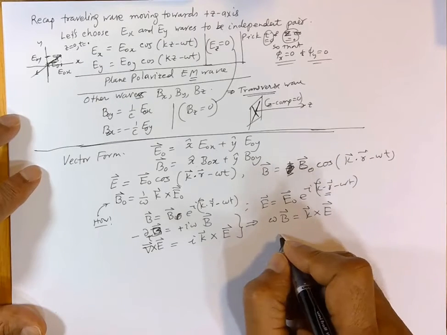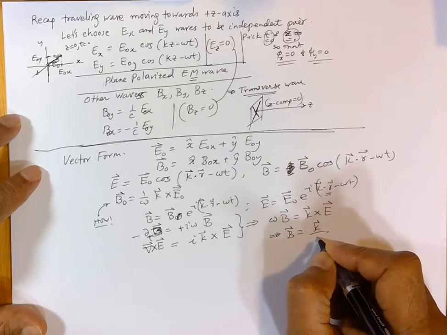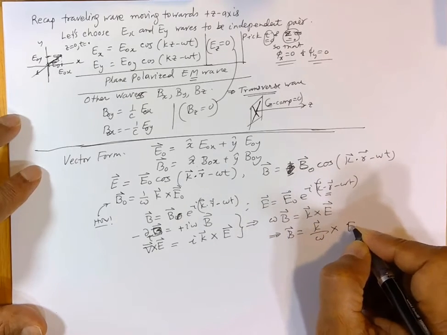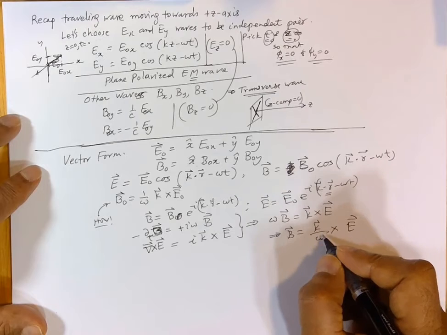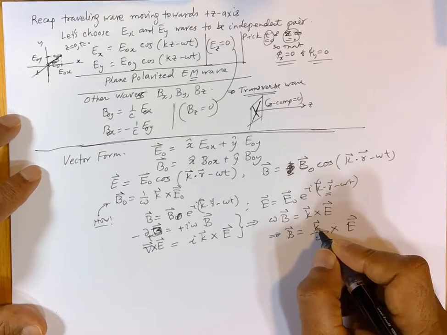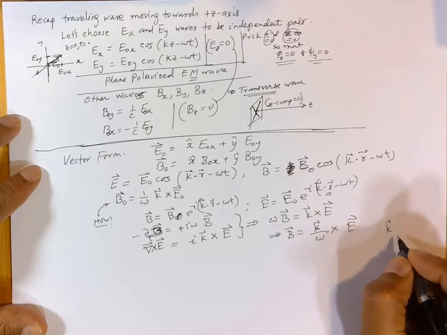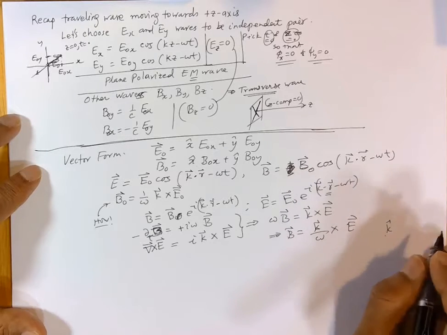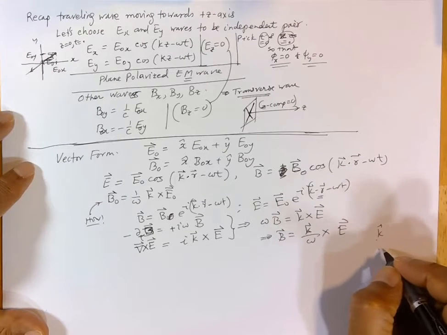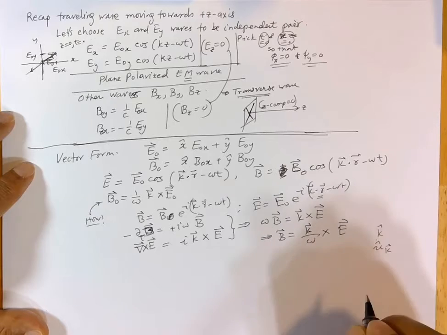So you can see that you can write B as k over omega cross E, where k over omega is one over the speed of light, and this is the direction. Say the k hat direction is represented like this, or maybe u hat for the k vector direction.